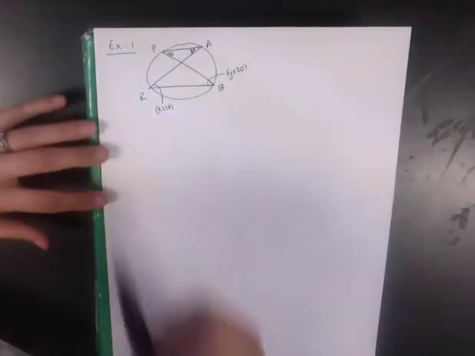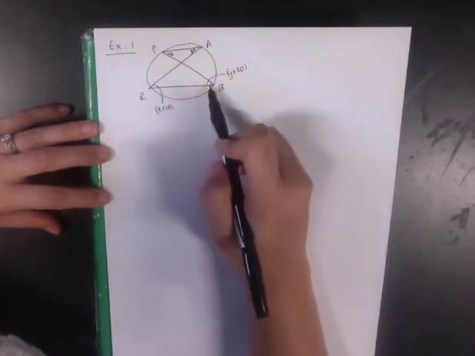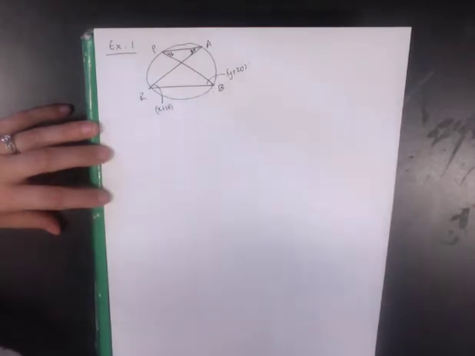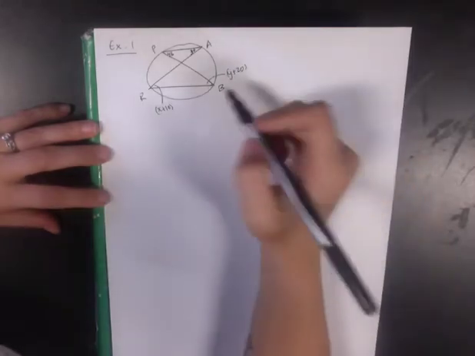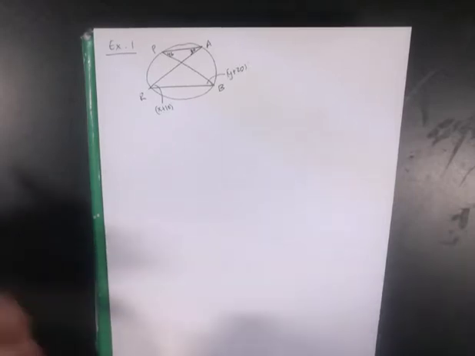Okay, so this is 46, 30, x plus 10, and y plus 20. Okay, and I am going to grab another color. Okay, we need to find x and y.